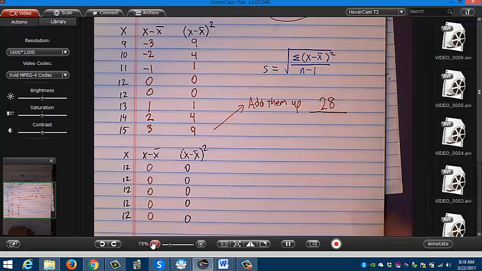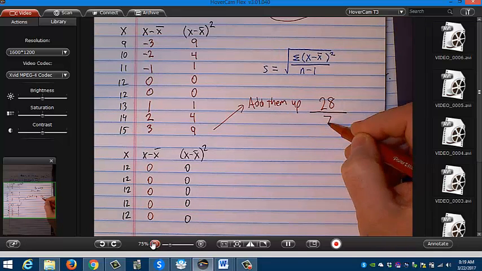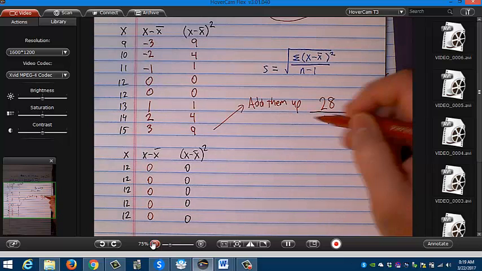Now, that's kind of interesting, because you might expect we would divide by n to get the average number, right? Usually divide by the sample size. For technical reasons, statisticians divide by n minus 1. I'll just leave it at that. So what are we dividing by in this first example? 7. 28 divided by 7.